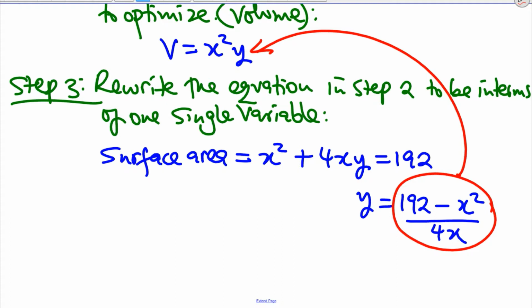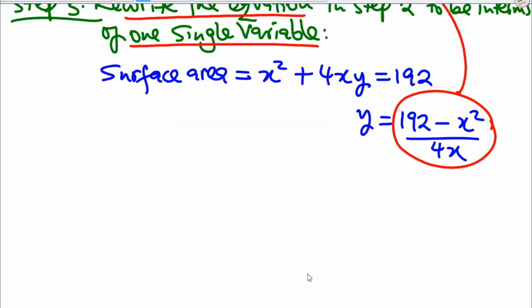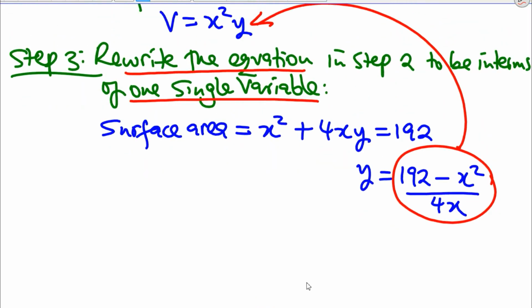That way we'll end up with an equation. We're writing that equation, and we want that equation to have one single variable. Okay, so what I mean by that is this: we need to plug in what we have for y into that equation, which means we shall end up with v.